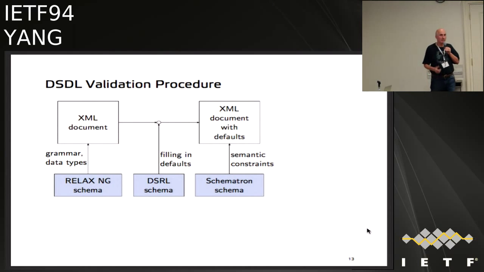So in effect, this covers all validity constraints that can be expressed in Yang, with some very minor exceptions that I will not discuss here. That's also the reason why it was not possible to use XML Schema, because XML Schema could only cover the first part on the left, and there is no official way.